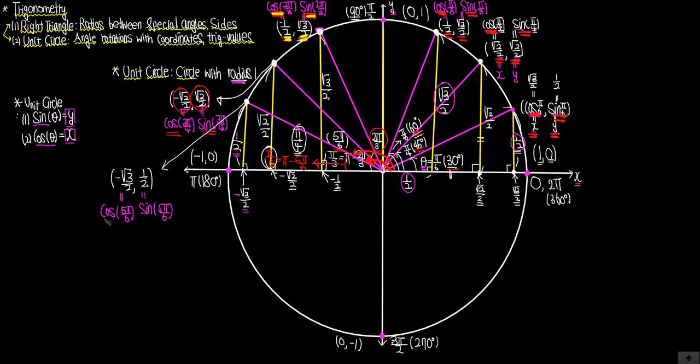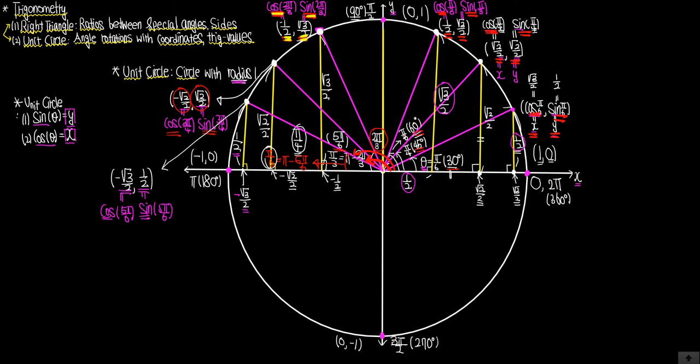So again, to get the cosine and sine values on our unit circle, all you have to do is read the coordinate. These are all 6 examples on our unit circle to think about angle rotations, including the acute angle and the obtuse angle.